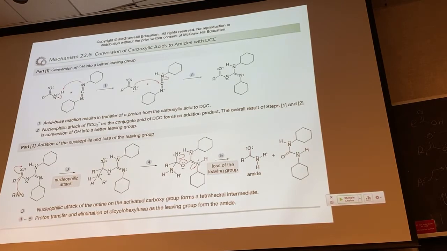And when we were talking about DBN and DBU, we asked the question, which nitrogen gets protonated? And the answer was the sp2 nitrogen. Okay? If you remember why, then that explains why we protonate this nitrogen here instead of that one. Does anybody remember that far back? Yes, please, Sydney.